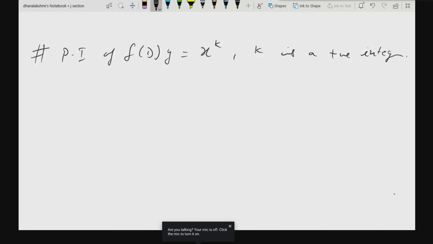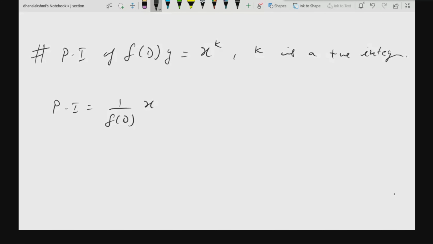Positive integer means 1, 2, 3 and so on. 0 means you will have 1 there, and for 1 you have to apply e to the power 0x only. So again the particular integral for this one will be given by 1 by f of d applied on x to the power k.